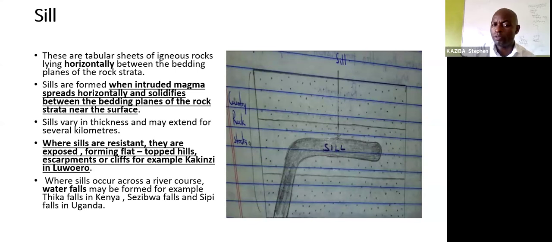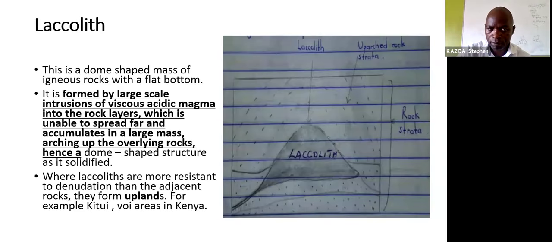Now, what happens when the overlying rocks are removed and the sills are made up of hard resistant rocks? They form flat-topped hills. Then we go to laccolith. A laccolith is like a dome, a hill, and the material is intruded in the layers.